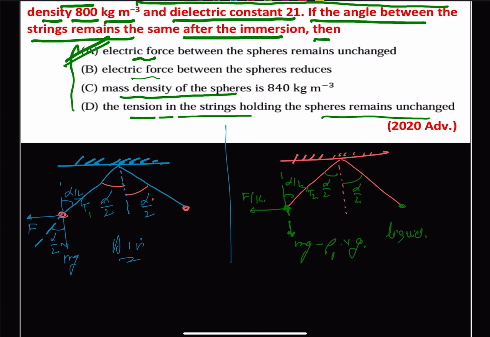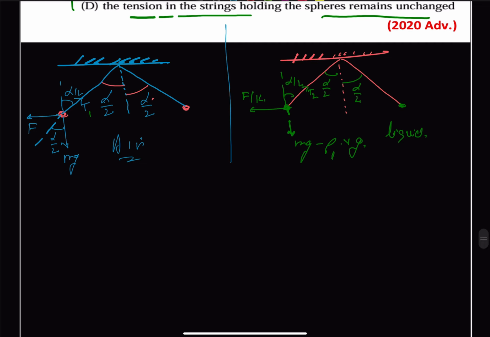So now we are going to find out the mass density, that is option C. And we have to remember that the force is F in the air and F by K for the immersed in the liquid, but it is balanced.